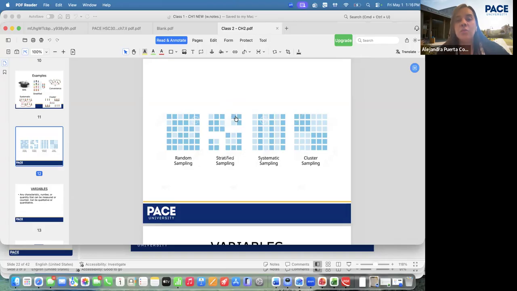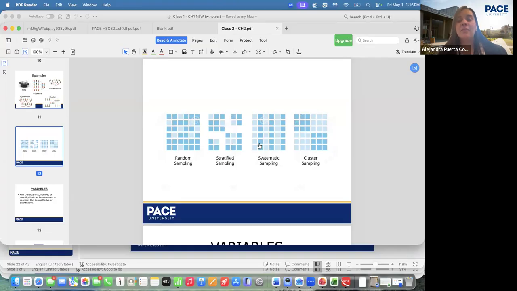So if I know this group, the age of 20 to 24 is smaller, I will give it a bigger weight on the calculations so that it's representative to the, let's say, 30 to 60. Okay? So that's why I stratify, because I want the sample to be representative, right?